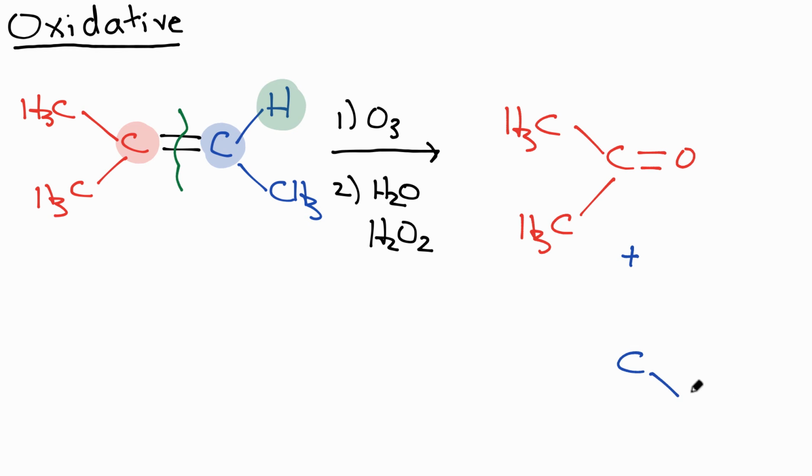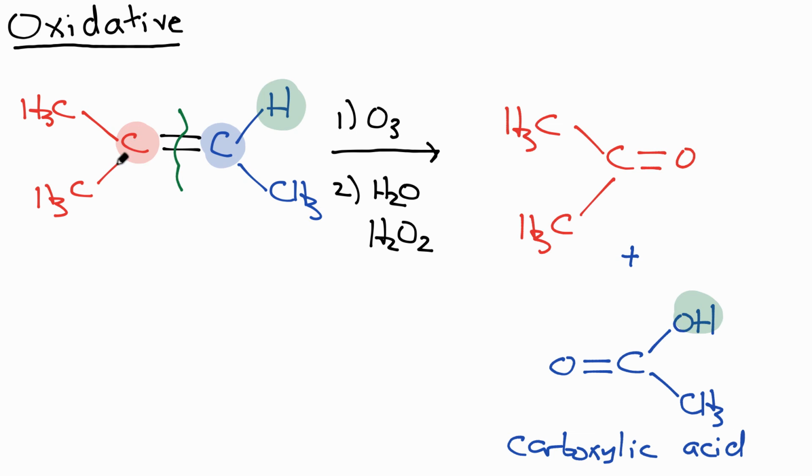It still has a methyl. We still get the double bond to the oxygen. The difference is now instead of getting bonded to a hydrogen, this becomes an OH group. So our product for this is a carboxylic acid.